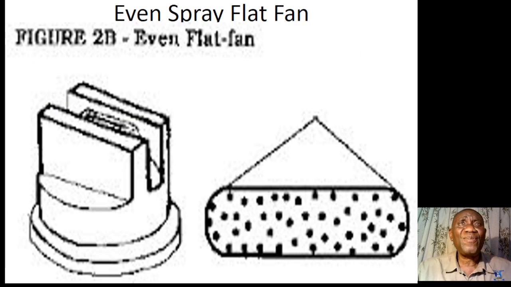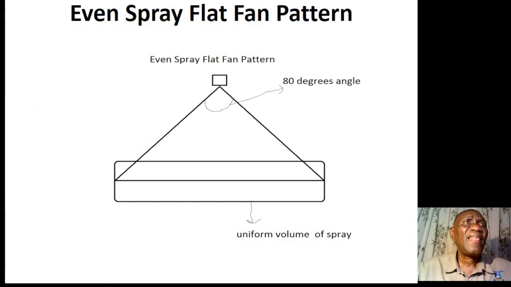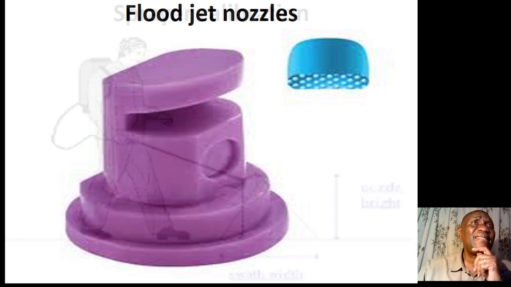It is uniform, and this doesn't require overlapping. This is the uniform volume of spray, so no tapered ends but straight lines. This one is the flat jet nozzle with a filter, which can also be used for applying herbicides.